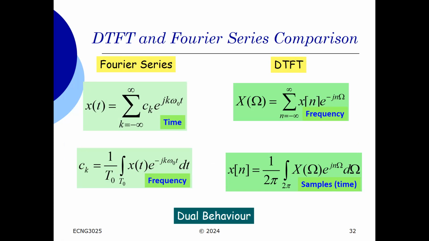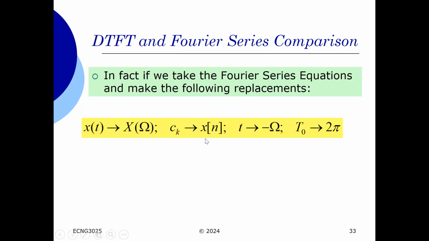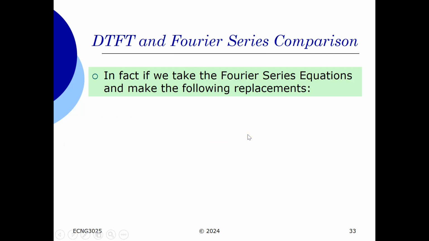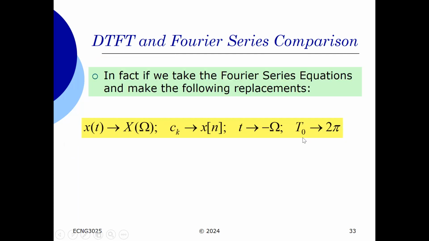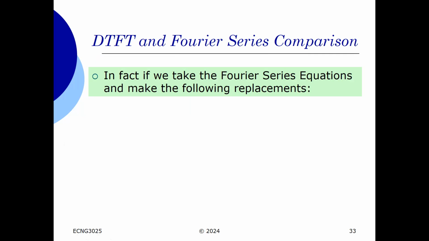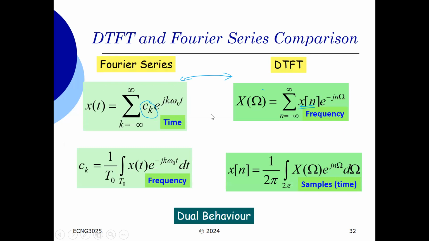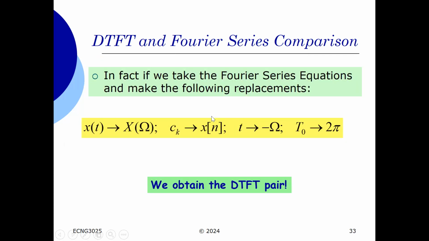And in fact, if I were to compare these two here, if I replace CK with XN, and replace T with minus omega, and remember that T naught, the fundamental, is 2 pi, then if I make those substitutions in the Fourier series, I actually obtain the discrete time Fourier transform.